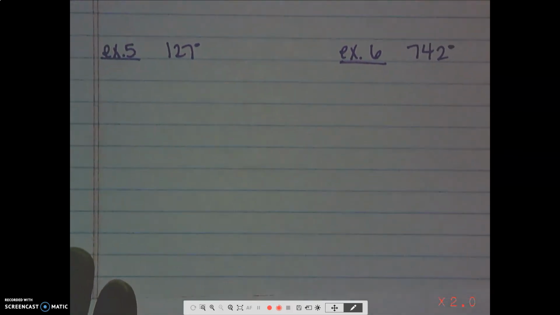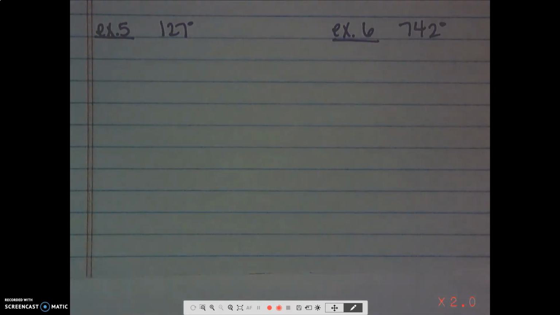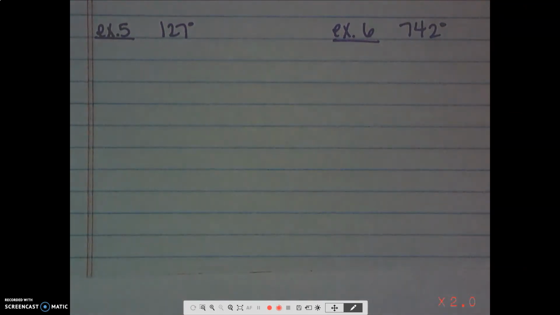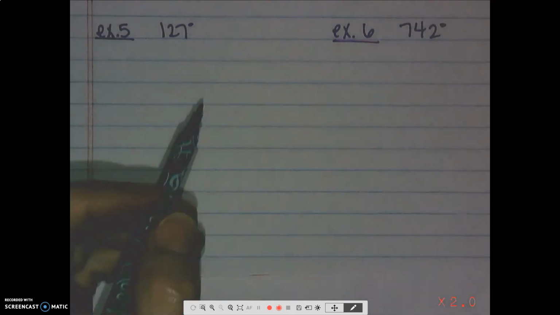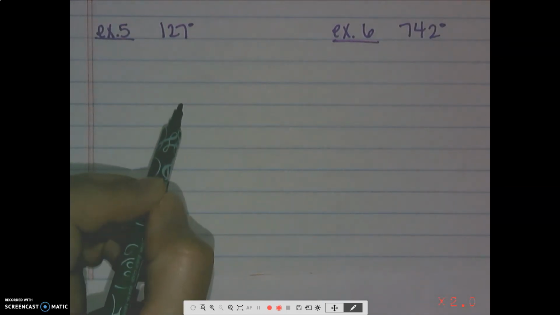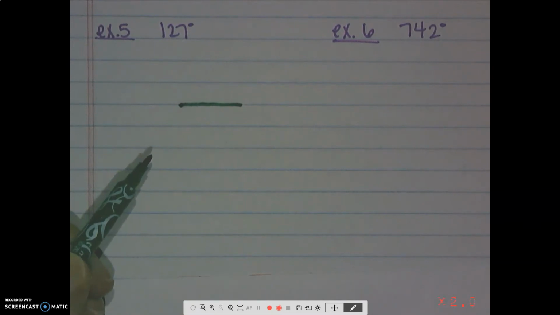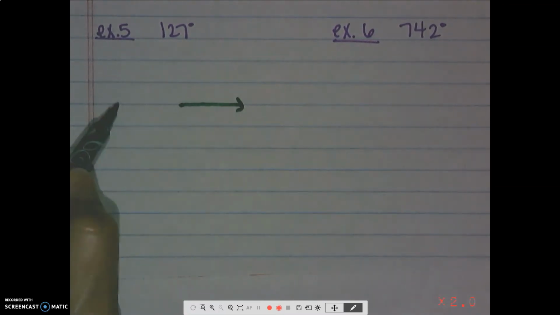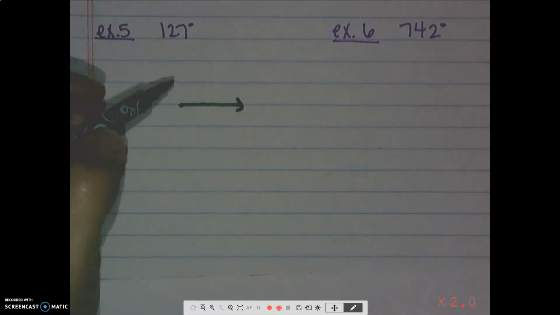All right, what about this one? So we have 127 degrees. For this one, I'm still going to graph it, but I'm not going to draw the actual XY coordinate plane. So we know 120, if this is 90 here and this is 180, so this is another way you can do these questions.